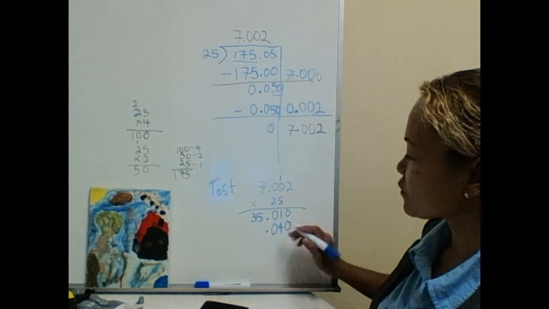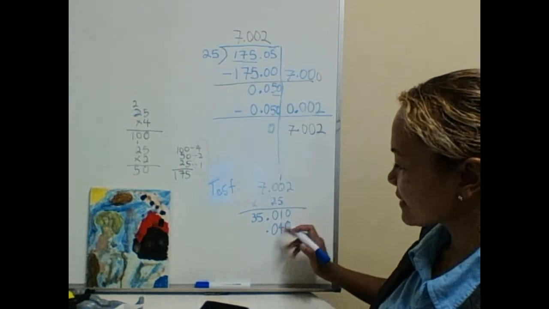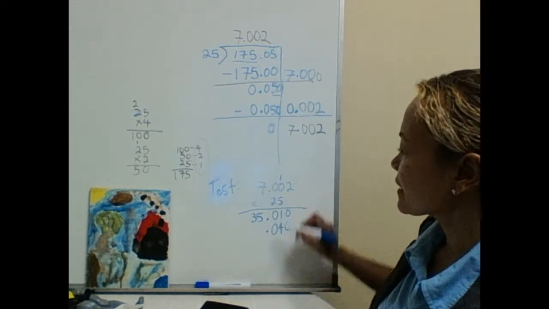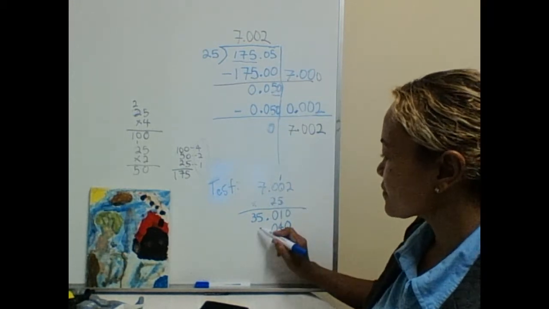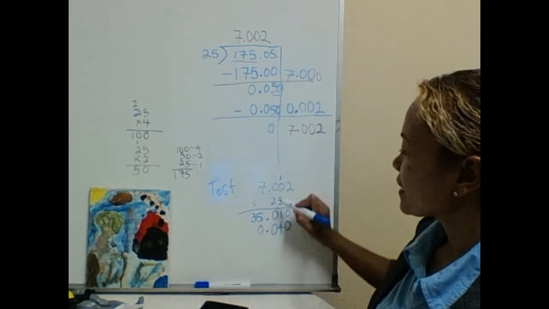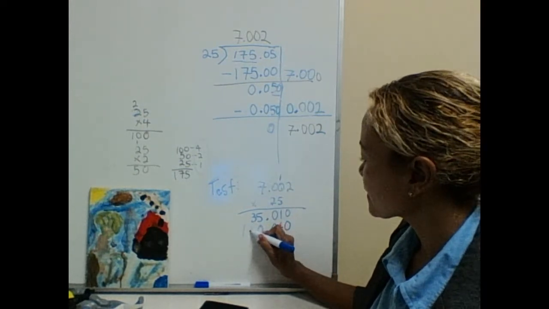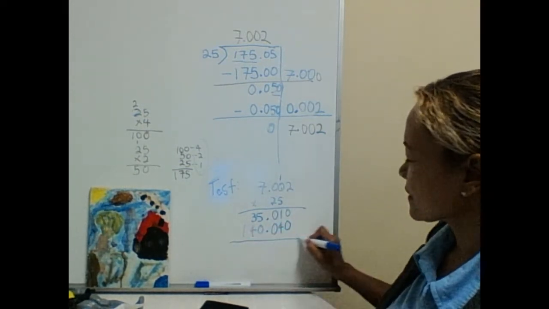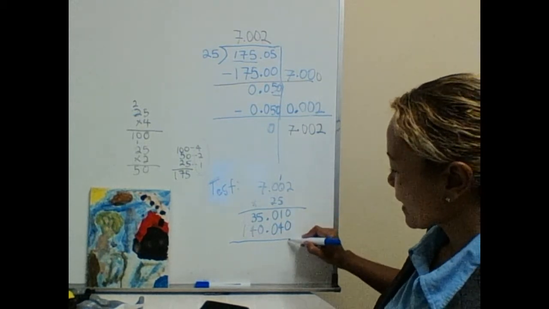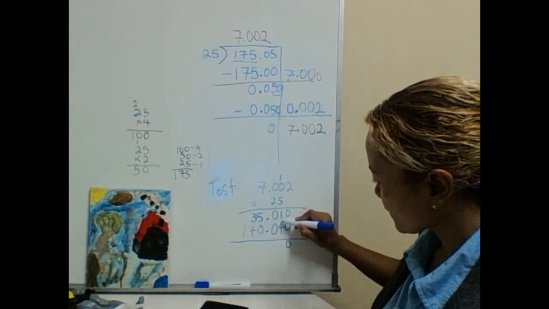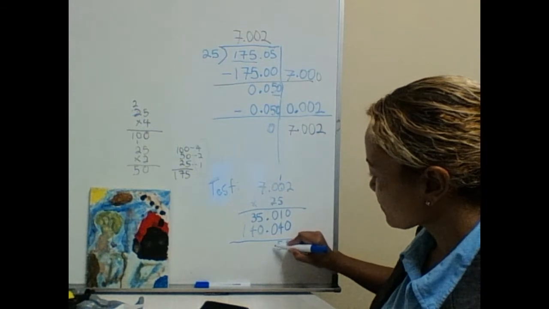Decimal point, because once you've aligned this side, the decimal point will sit in the same place. 2 zeros, 0. 2 sevens are 14. Add everything through. 4 and 1, it's 5.